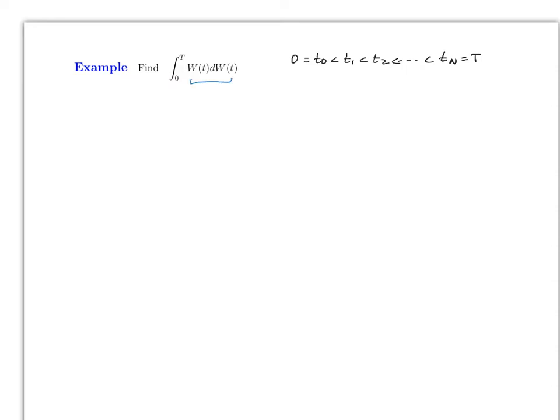this part is going to be in summation form, the sum from i equals 0 to n minus 1 of W(t_i). In this case, this is h of t_i. Remember, h can be random or non-random.